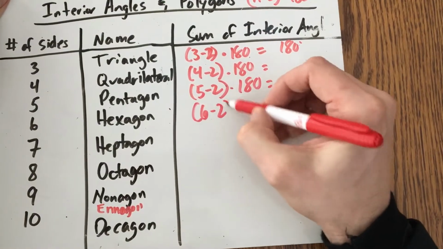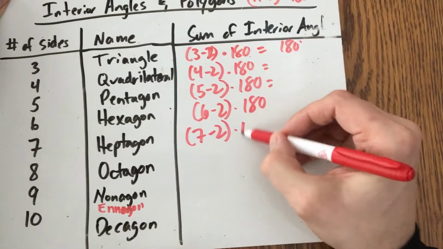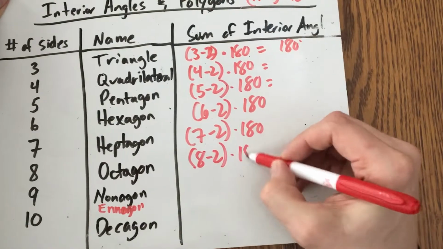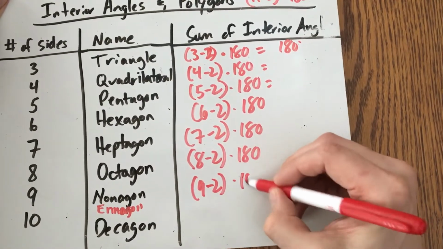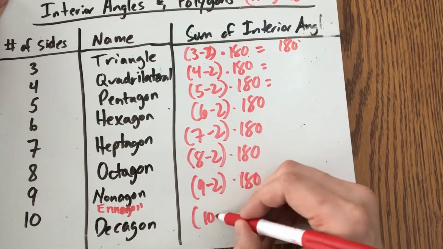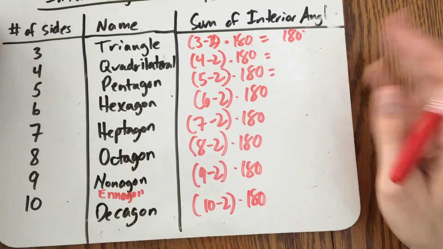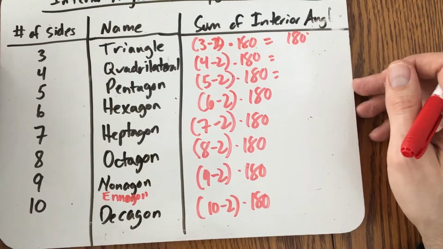Hexagon, 6 minus 2 times 180. Heptagon, the one I did just a minute ago, 7 minus 2 times 180. Octagon, 8 minus 2. Nonagon is 9 minus 2. And then finally the decagon is 10 minus 2 times 180. And you could use a calculator to work all those out. I'm not going to take the time to do it right now. A calculator would be able to knock that out in no problem at all.